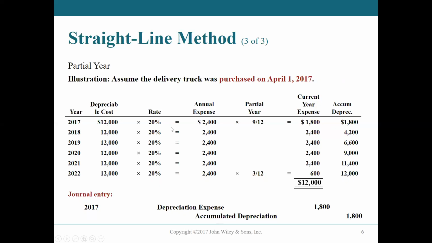And really all they did to figure out that rate is they said how many years in its useful life, and this asset is 5 years. And so that means you're going to depreciate 1/5 of the asset's value each year. And so 1/5 is 20%. So to find the rate, all you do is you take 1 and divide it by the number of years you're going to depreciate the asset.